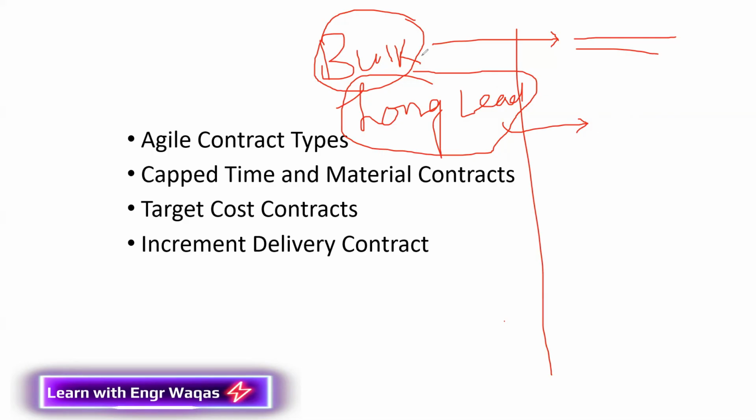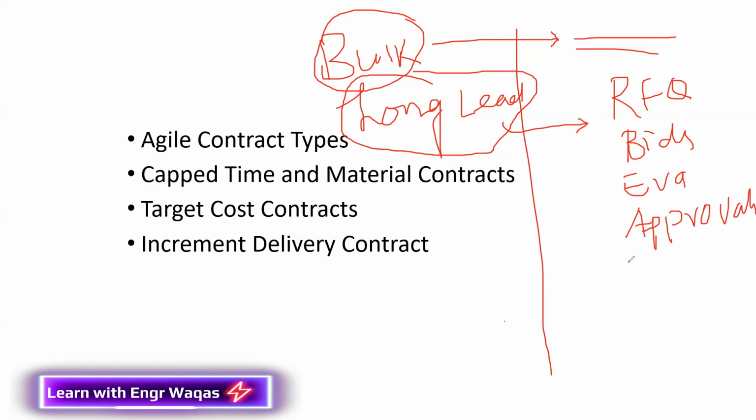So there are two categories in the procurement. It will start with RFQ, request for quotation, then bids, then evaluation, then approval for a seller. I have already detailed that approval.